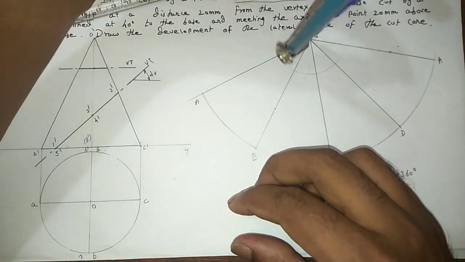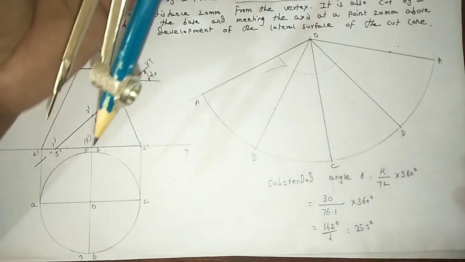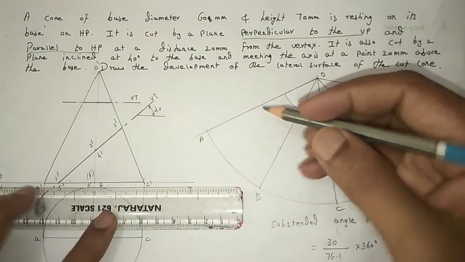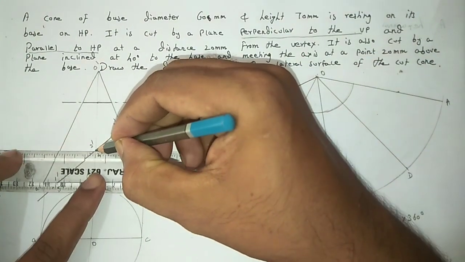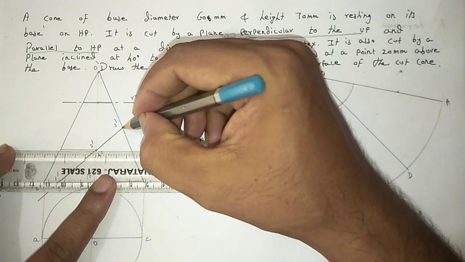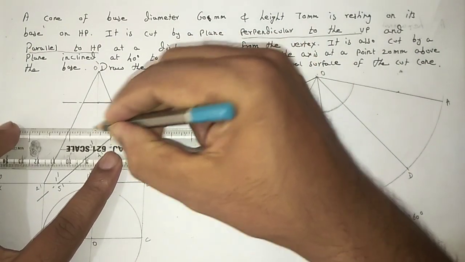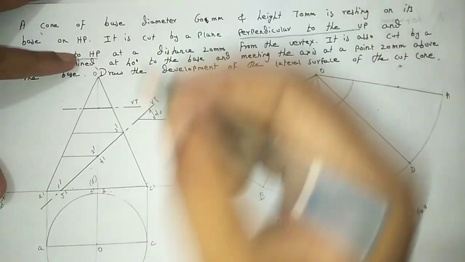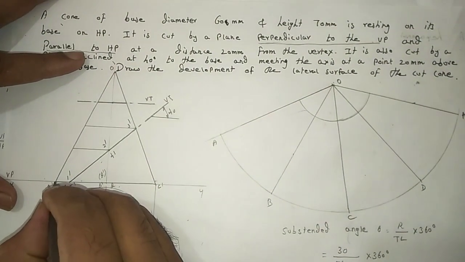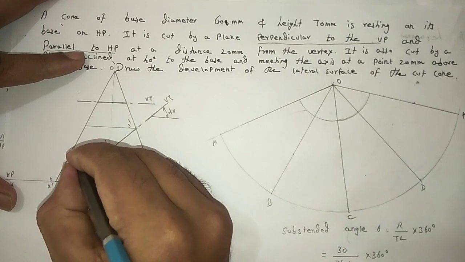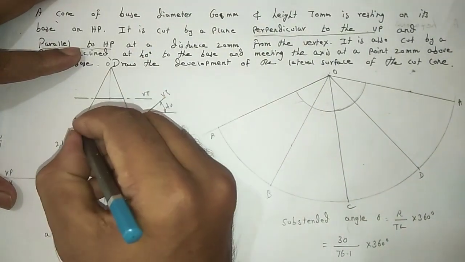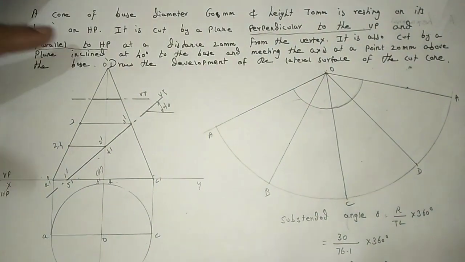It's a cone only, so we can simply trace the curve. Next, from all these cutting points, we bring the lines horizontally to the true length. For the first point we take the measurement from here. This is for point number 1, this one is for points number 2 and 4, and this is for point number 3. Now measure the distance.